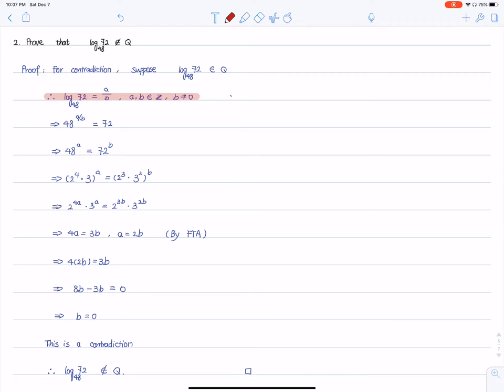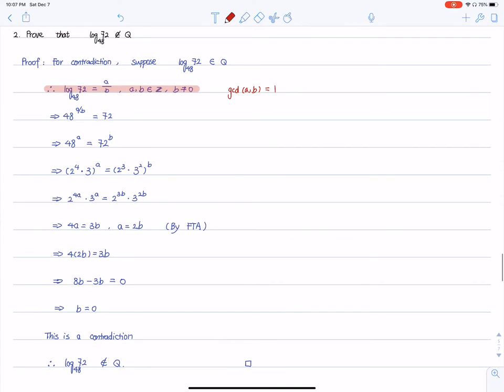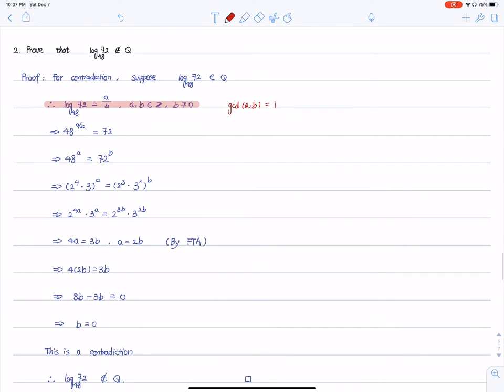You can write that GCD of (a,b) is 1, or you don't have to. For this proof, you don't have to write it here, but I recommend you to write it, just in case. Sometimes you need this condition, sometimes you don't, but there is no harm in writing it down, but you don't need it.